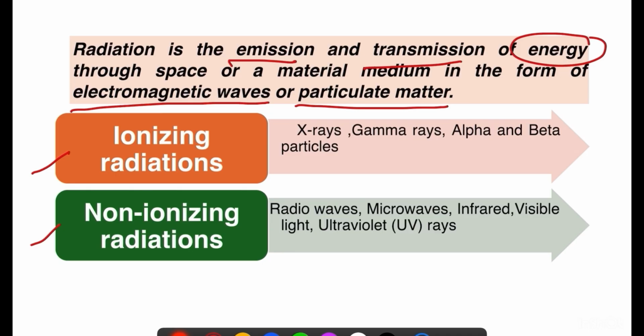Ionizing radiations include X-rays, gamma rays, alpha and beta particles. X-rays and gamma rays constitute electromagnetic radiation, and alpha and beta particles constitute corpuscular radiation.